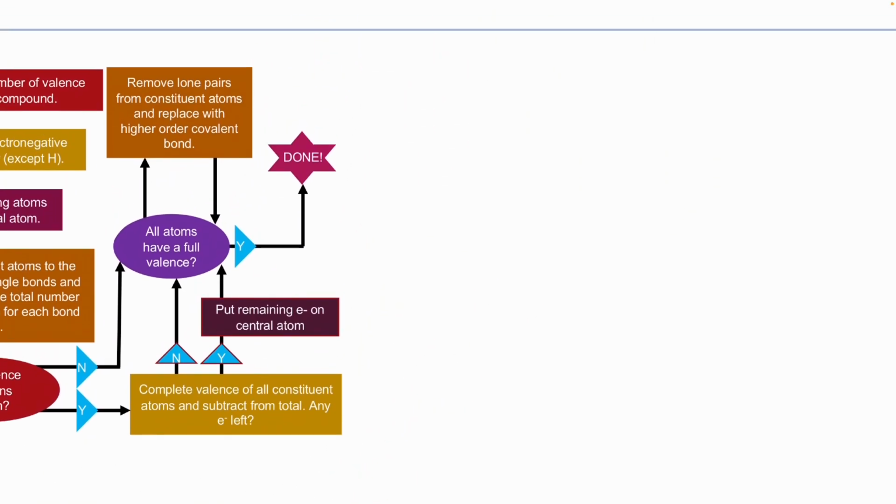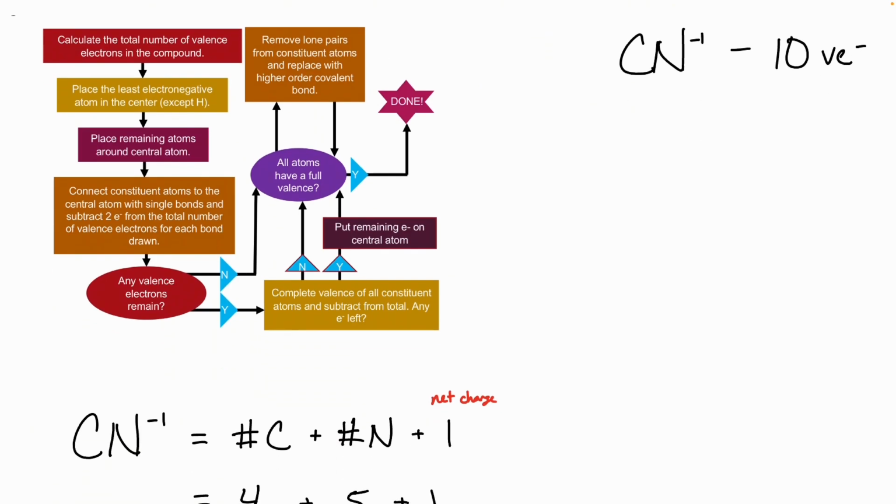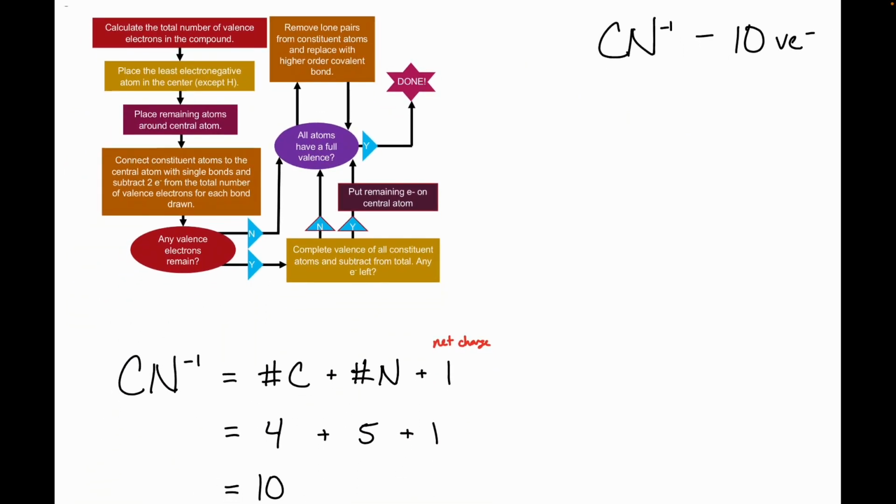All right, so given that we have this net charge giving us a total of 10 valence electrons, see if you can complete this Lewis structure here. There's only 2 elements, so we can consider carbon our central atom since it's the least electronegative, but really there's just going to be those 2 on the page.